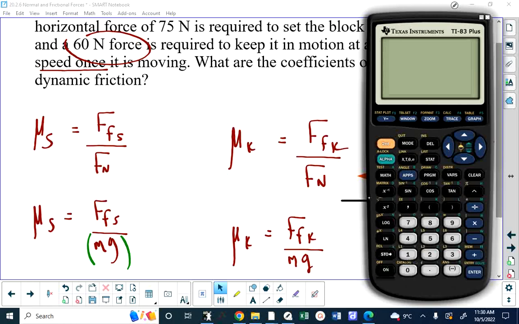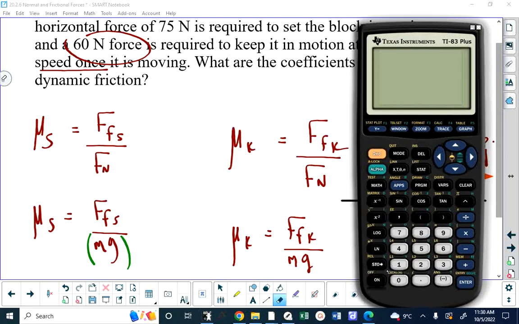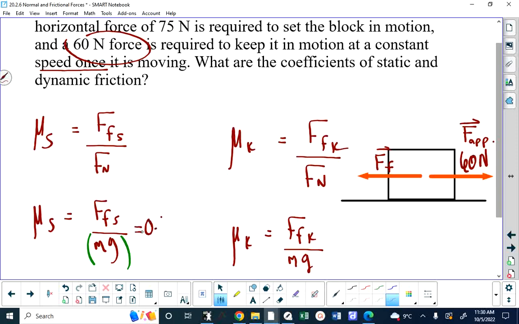So for my static, I'm going to take 75 and divide by, in brackets, 25 times 9.81. I get 0.31, approximately.